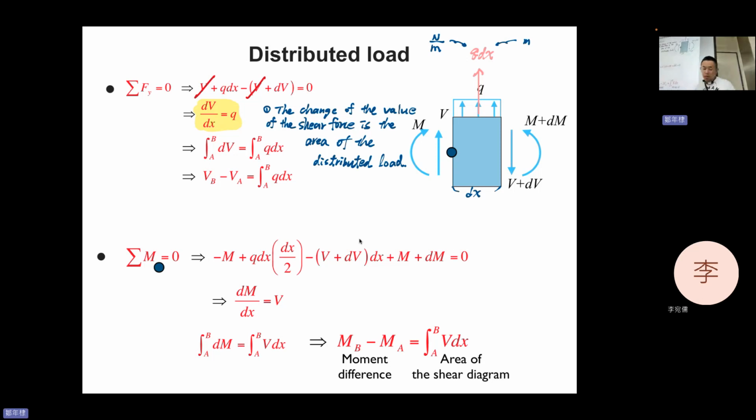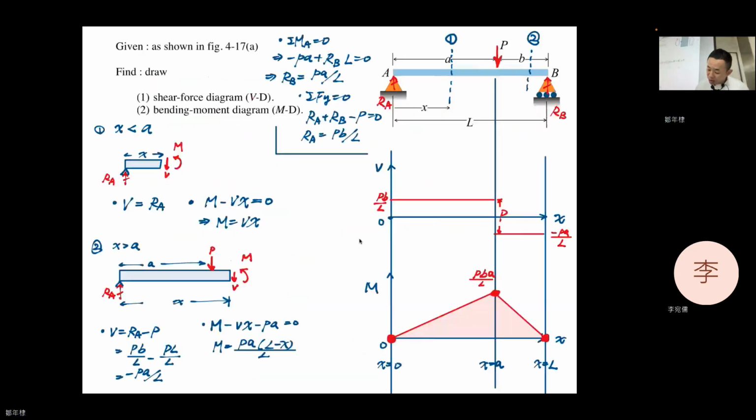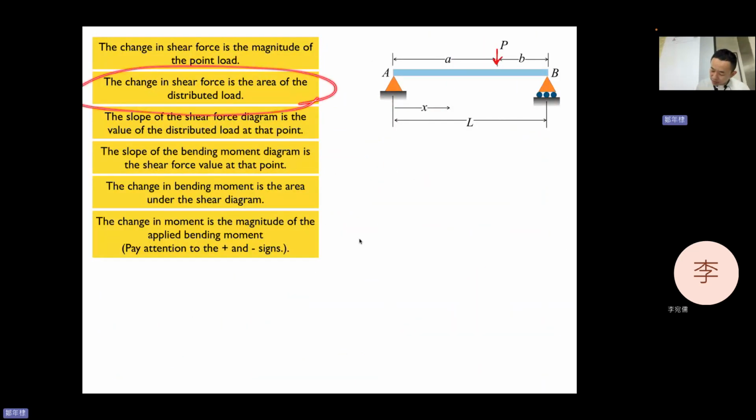Okay, so this is our conclusion, and which is corresponding to this one. Okay, the change in the shear force is the area of the distributed load.